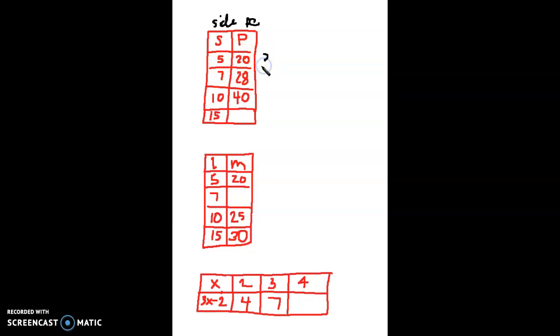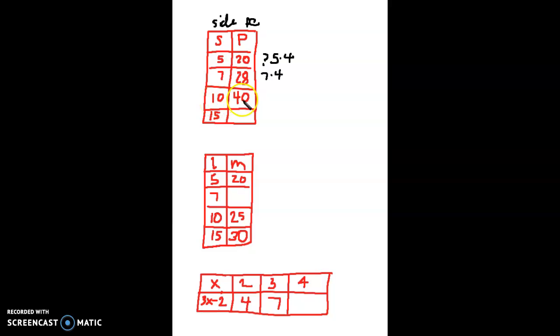Well, I know that 5 times 4 is 20. That checks out. Let's see if that is also the same rule in our next term. She has 7 sides and a perimeter of 28. Does 7 times 4 equal 28? It does.